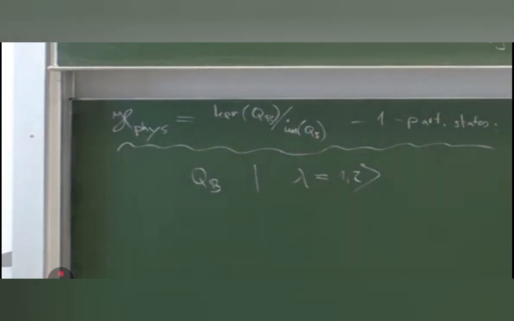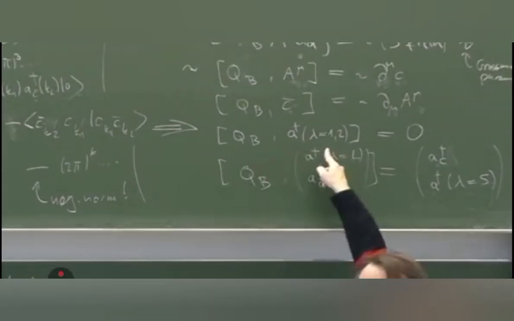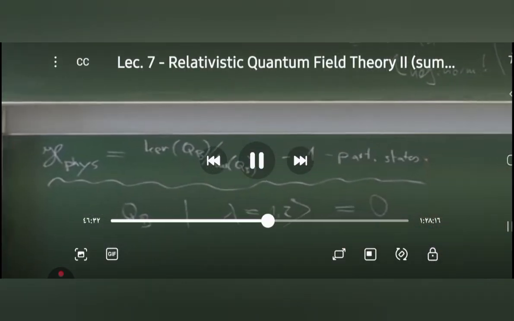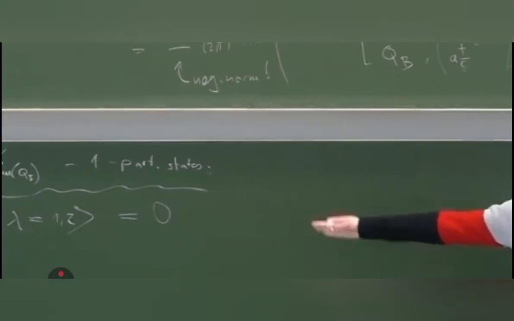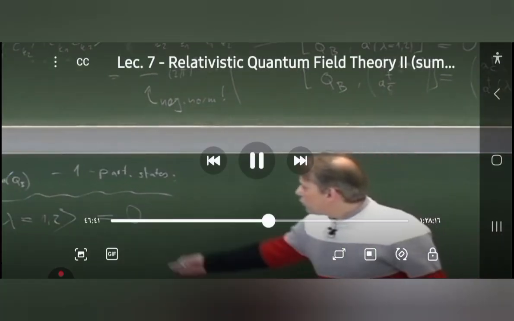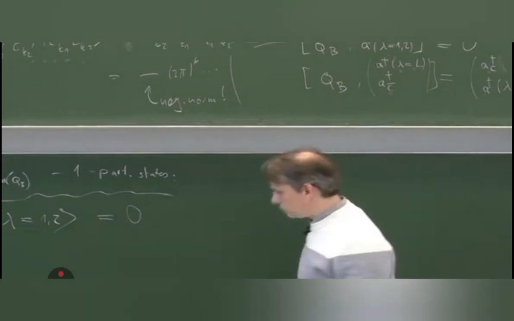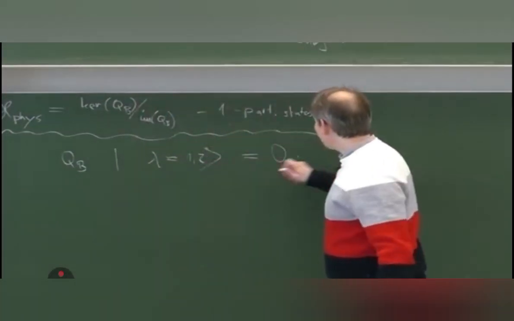This is obtained by applying a dagger of 1 and 2 onto the vacuum. This commutes with QB, so we get here 0. So these states are BRST invariant, and according to the notion of the last week, they would lie in this space V physical. So they are representatives of physical equivalence classes.